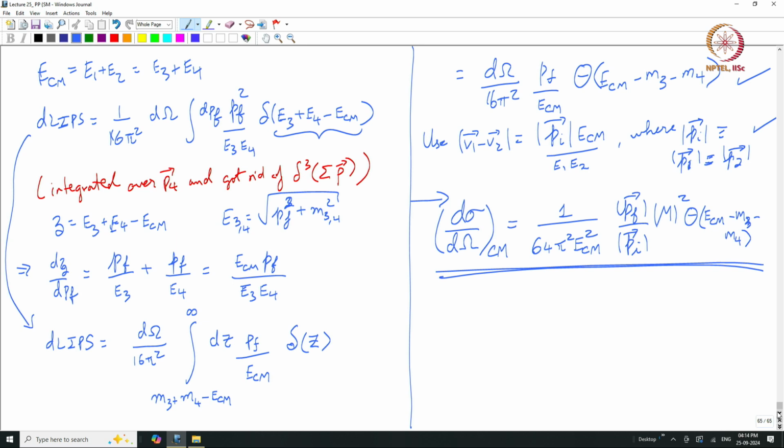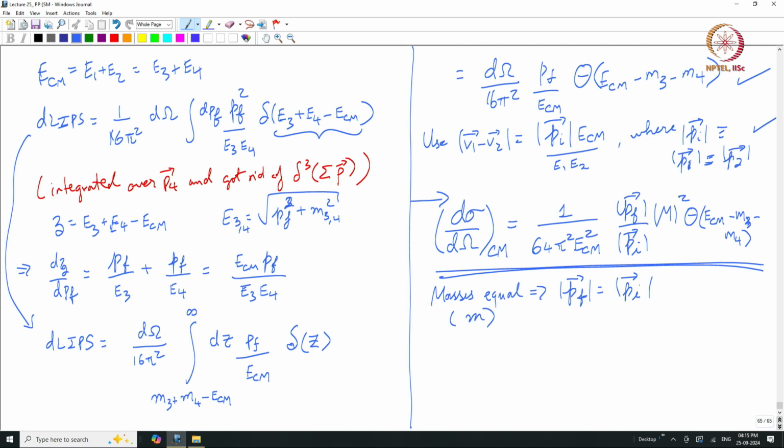Okay. Now, let us take one special case, a fun case, which is if the masses are equal. So, I will write this down and then wrap up the lecture. Okay. If the masses are equal, it just means what? The initial momentum is the same as the final momentum now, correct? So, let us call the masses m.